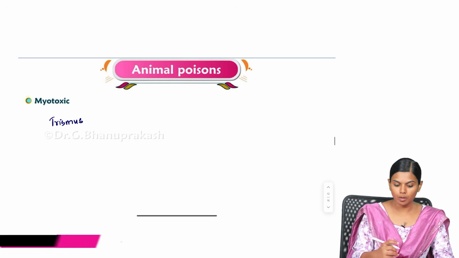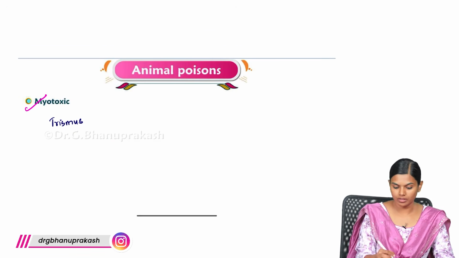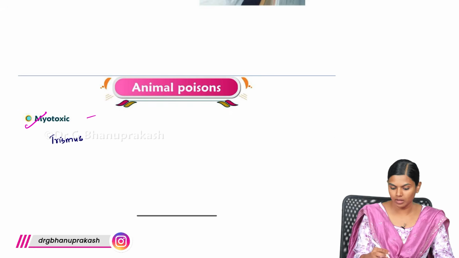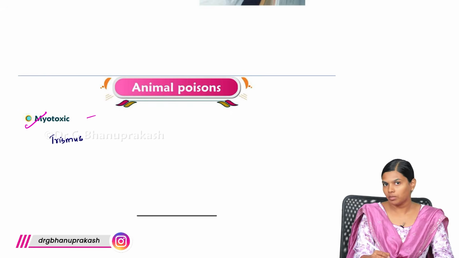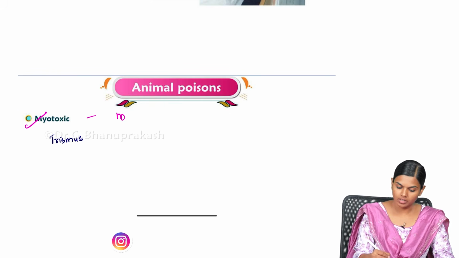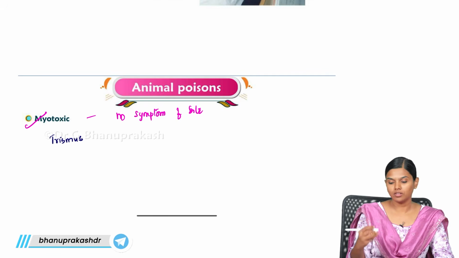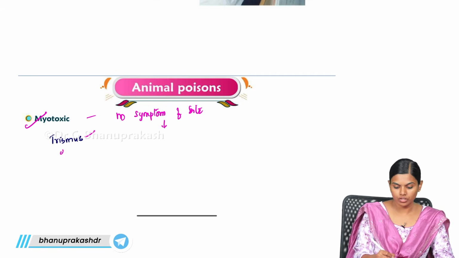And if it is a myotoxic snake, what will happen is that you will not be able to see any bite mark. A bite mark will be very, very rare, and you will not experience any symptom of the bite. But later on, they will start feeling trismus.